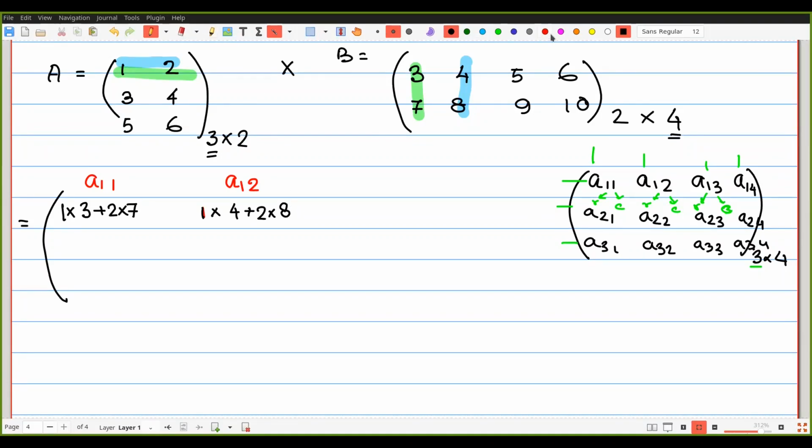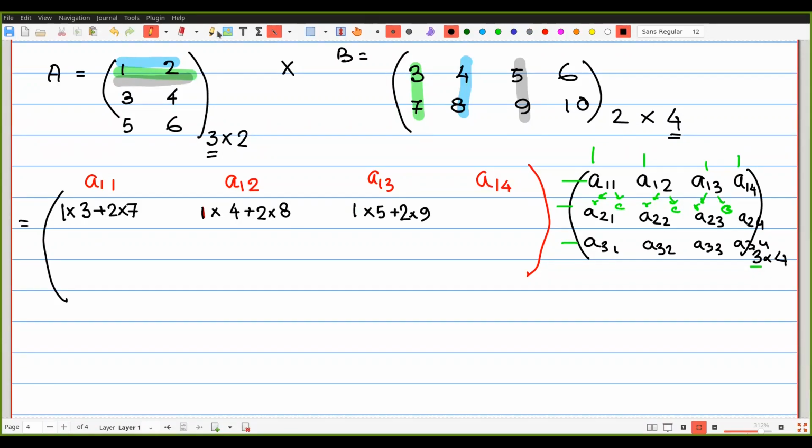The third one must be our A13, the fourth one A14. So we may proceed with that. First row, third column: 1 into 5 plus 2 into 9.